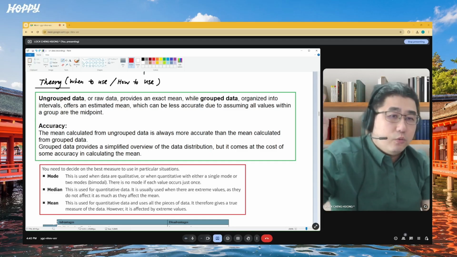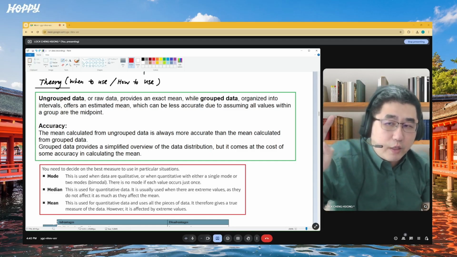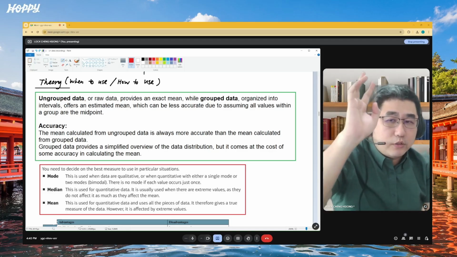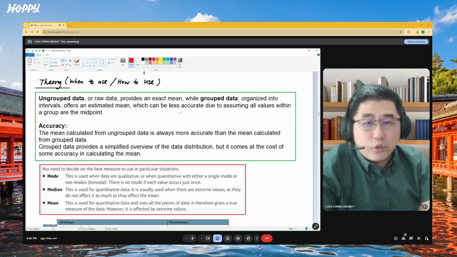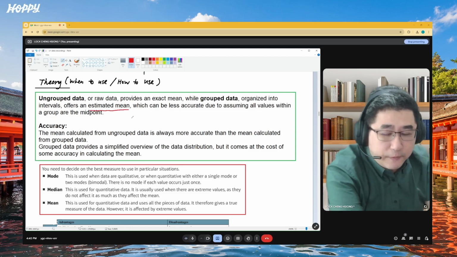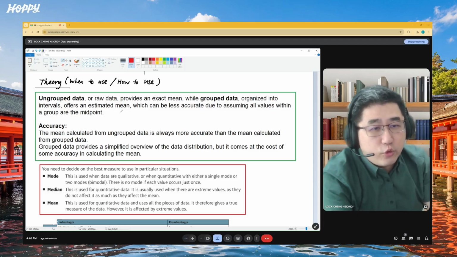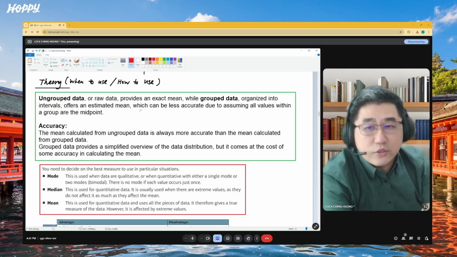All the students from 1 to 10 marks, raise your hand, count. 11 to 20 marks, raise your hand, count. So you group them into intervals. Therefore, what you get is an estimated mean, because within the group you have no idea how many students got 1 mark, 2 marks, 3 marks, and so on.